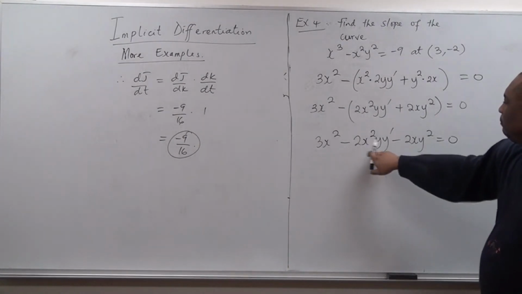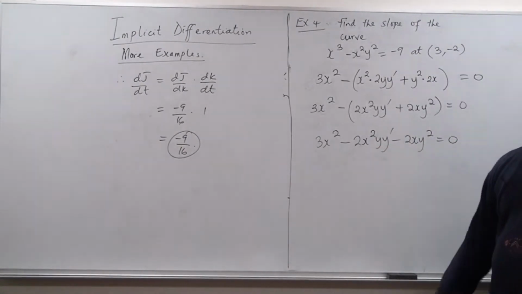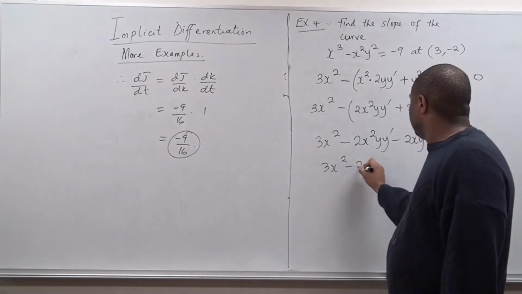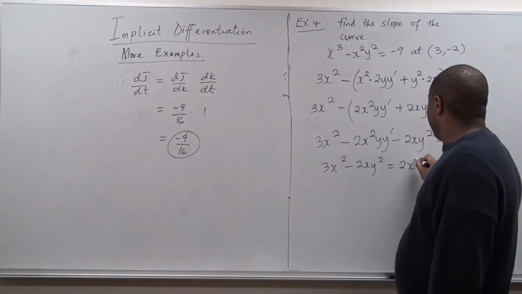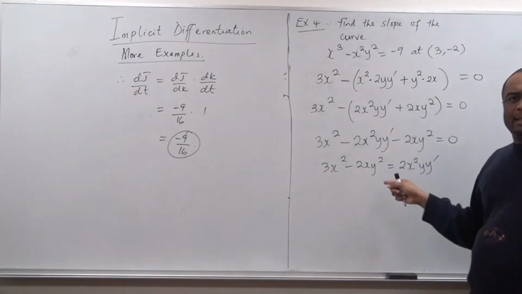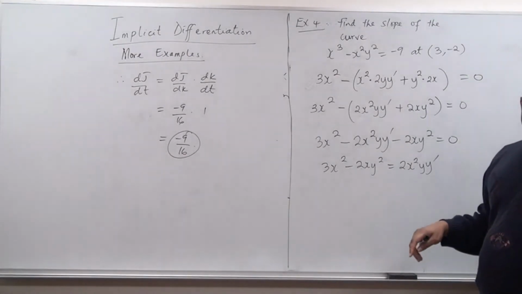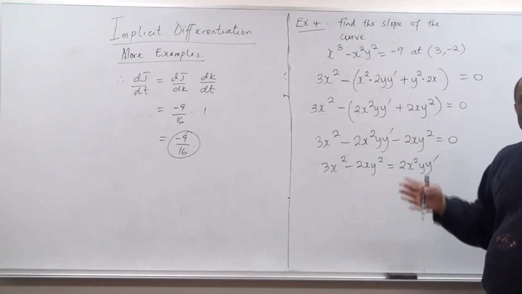Let's move this negative term that has y prime over here, and then we leave this as it is, right? So this is 3x squared minus 2xy squared equal to 2x squared y prime. Now, if you don't understand how I solve equations, please view the videos on solving equations.